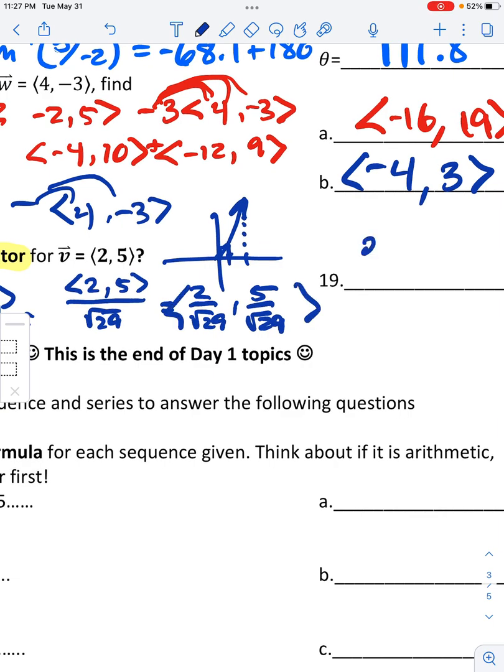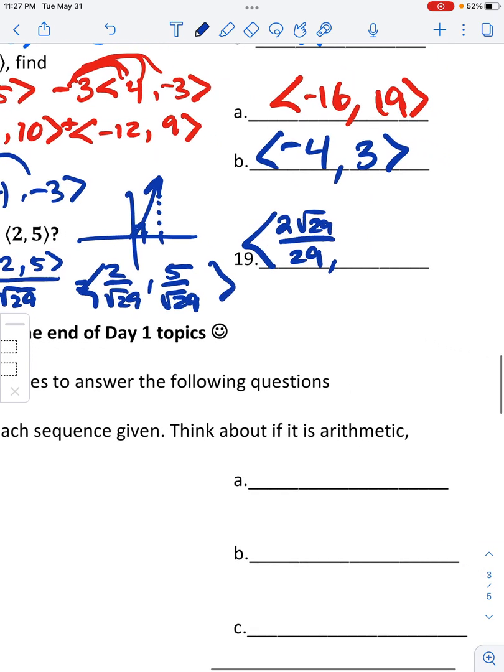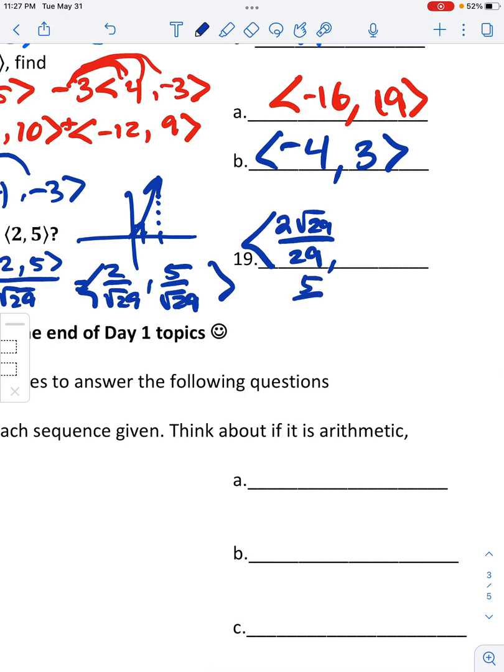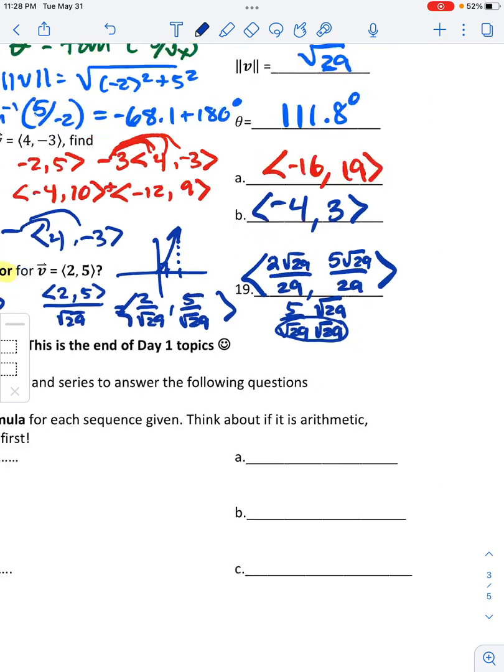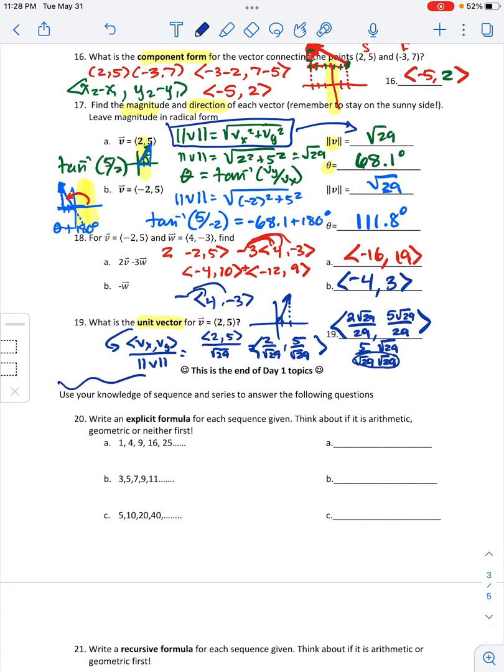So I end up with 2 root 29 over a regular 29. And then here, what I'm doing, if you're confused, is I'm rationalizing the denominators by multiplying by that same radical. So this will come out to be 5 root 29 over regular 29, because the root cancels out. So that's vectors in polar, which go together, and that's the end of day 1 topic.